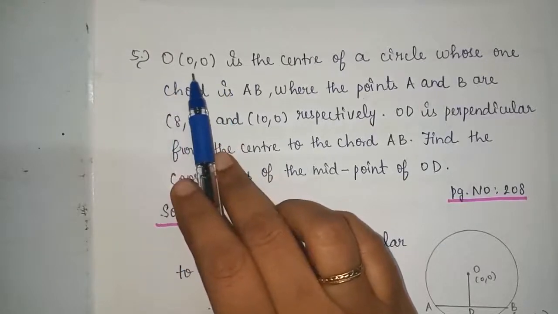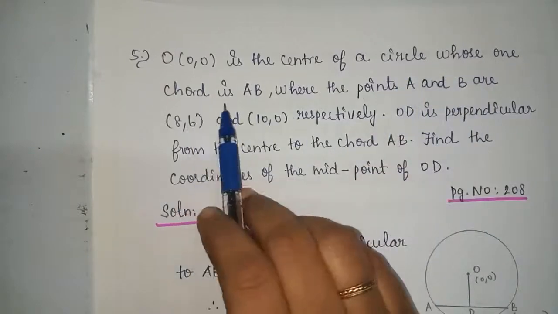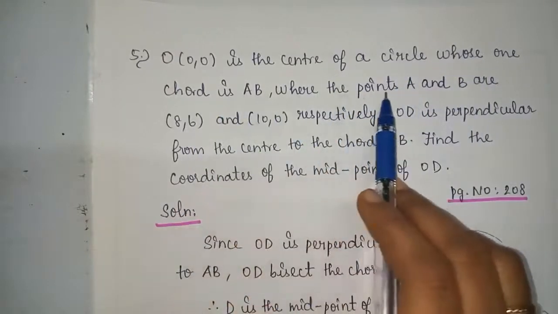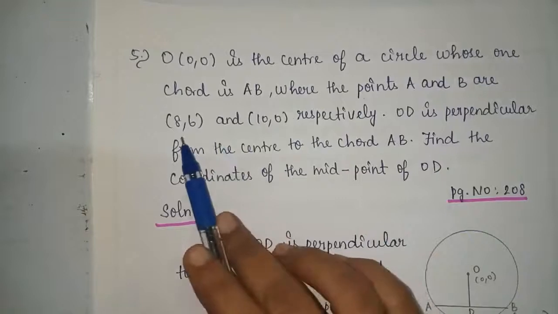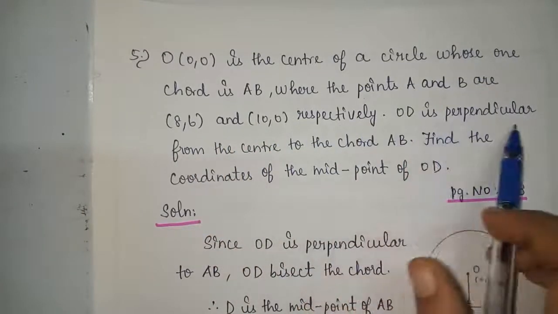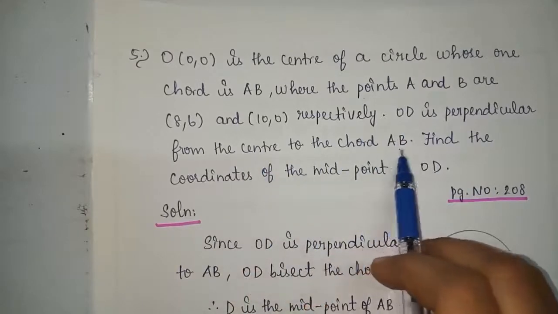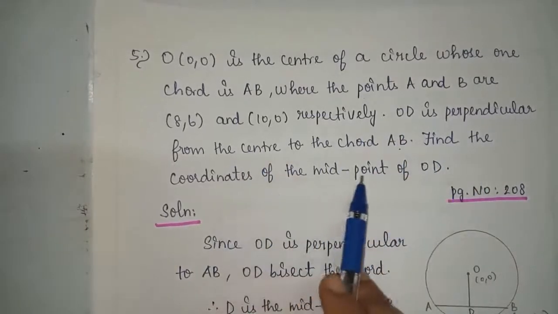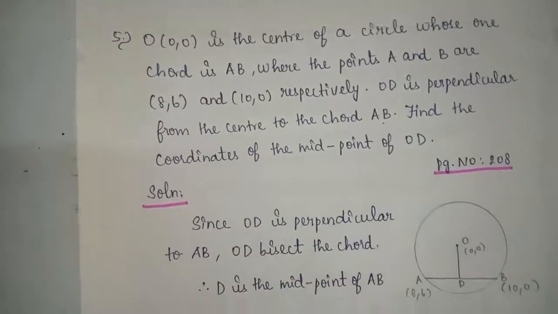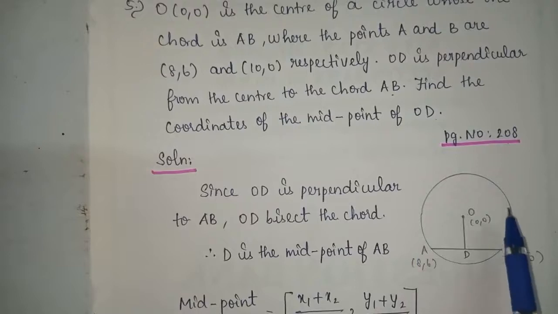O of 0, 0 is the center of a circle whose one chord is AB, where the points A and B are 8, 6 and 10, 0 respectively. OD is perpendicular from the center to the chord AB. Find the coordinates of the midpoint of OD. So the problem belongs to page number 208. This is a circle.